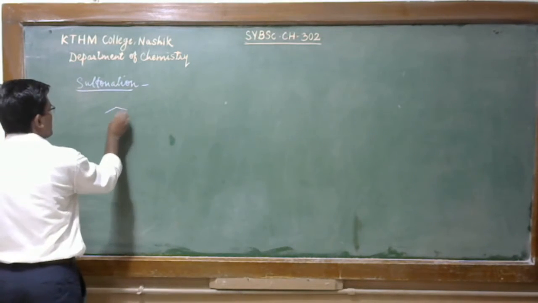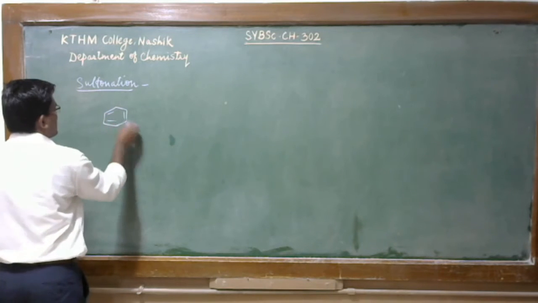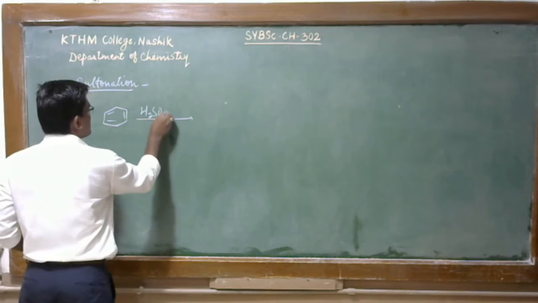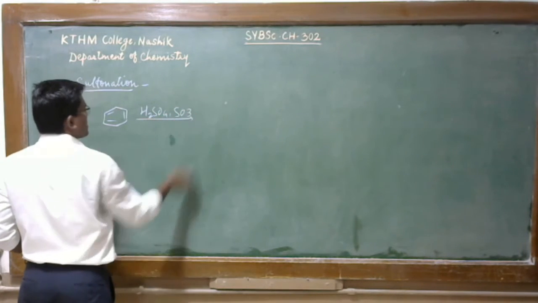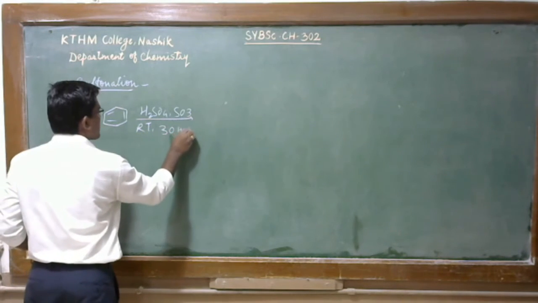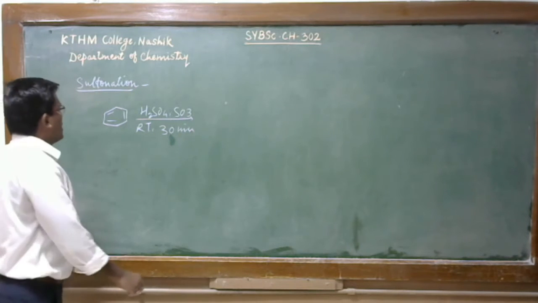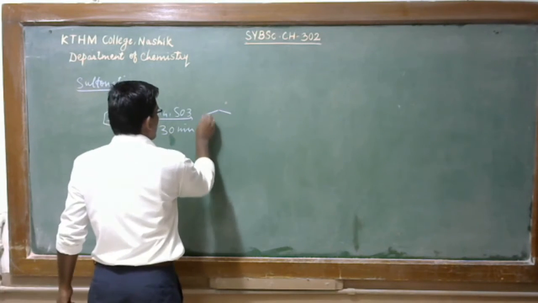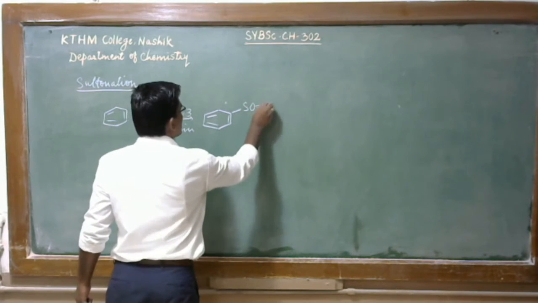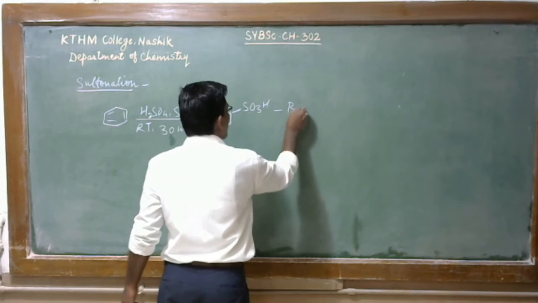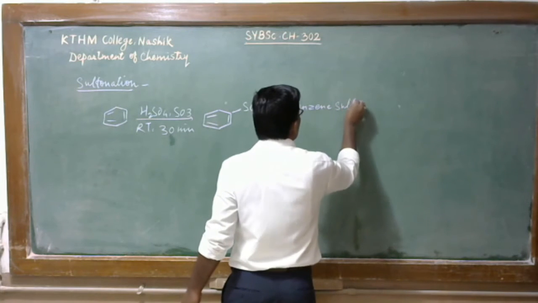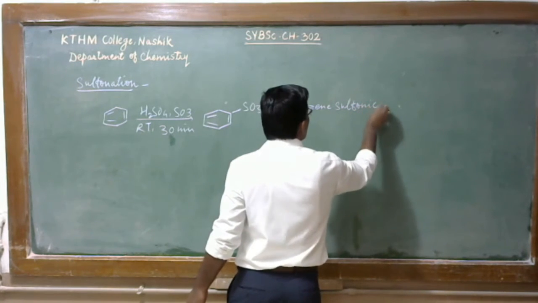When benzene will react with H2SO4 and sulfur trioxide at room temperature for 30 minutes, we will get this benzene sulfonic acid.